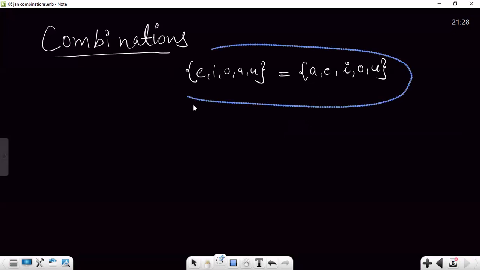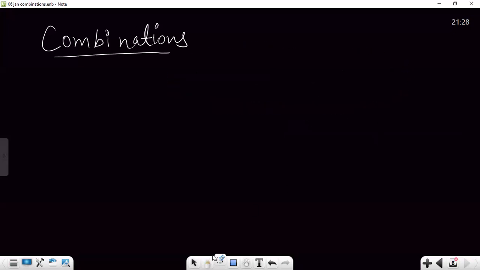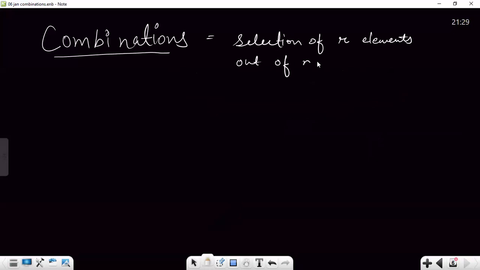It's the same story with combination. We just make selections. So combination is basically the selection of r elements, objects, things out of n.